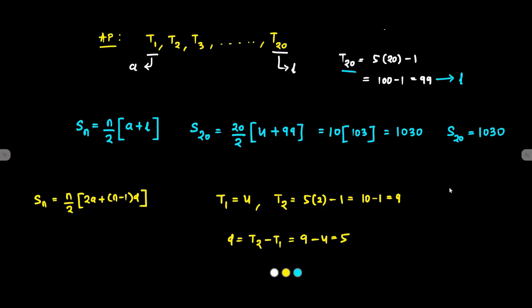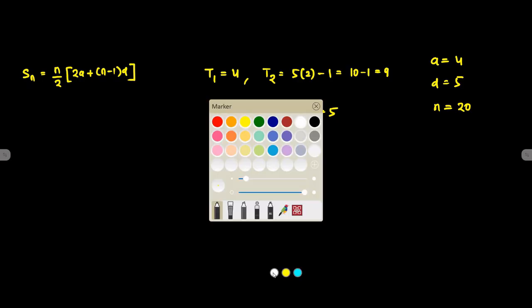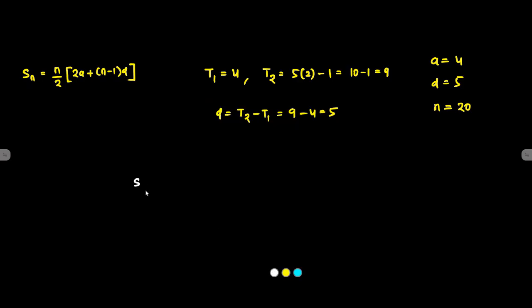So we have the first term a, which is equal to 4. We have the common difference, which is equal to 5, and we have n is equal to 20. So we'll simply put these values to get the result, that is S20 is equal to 20 by 2 into 2 into 4 plus 20 minus 1 into d, the common difference, which is equal to 5.